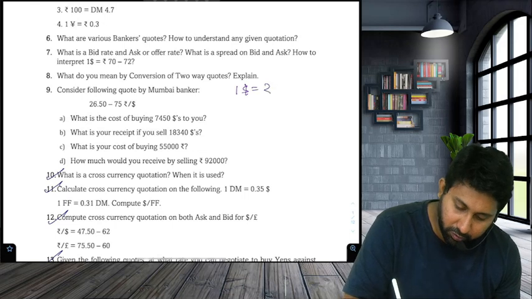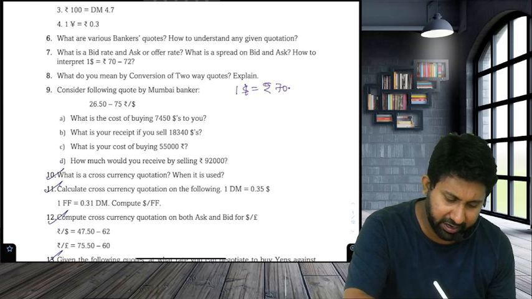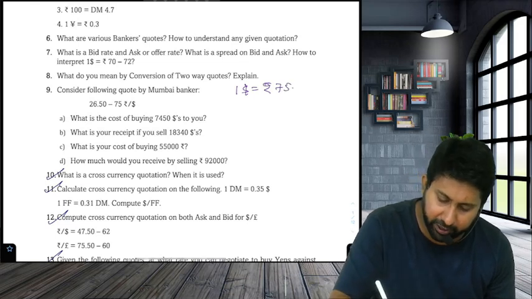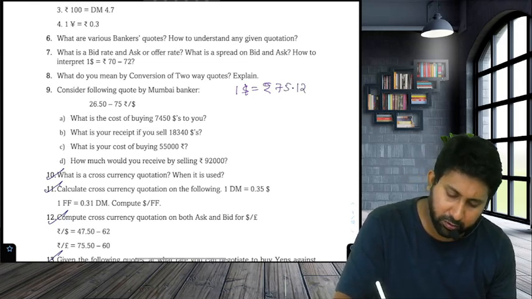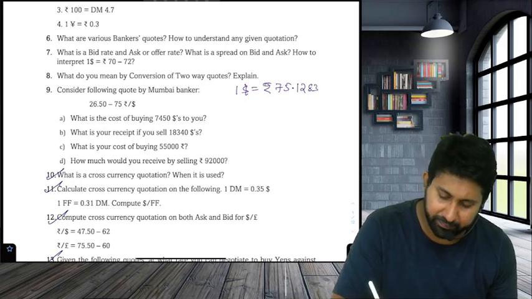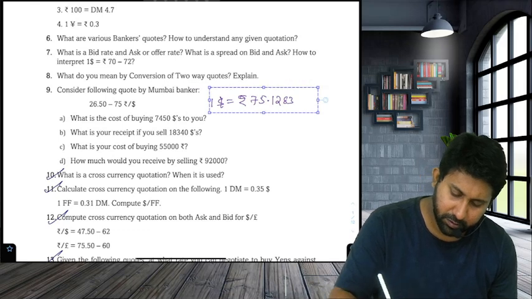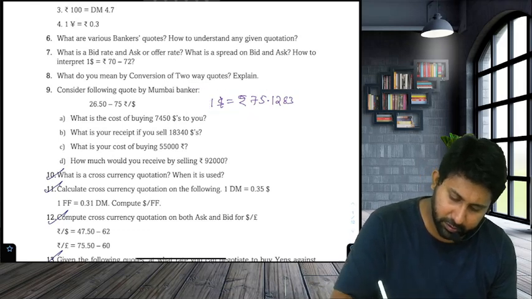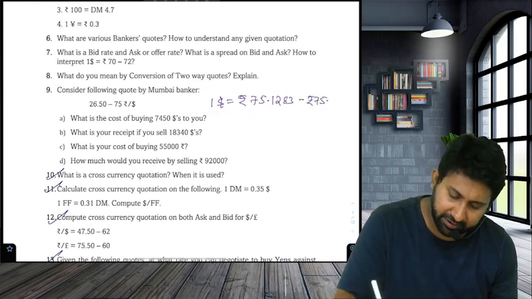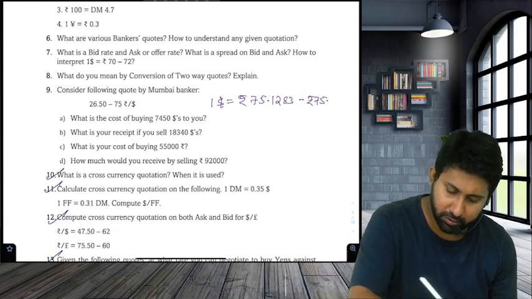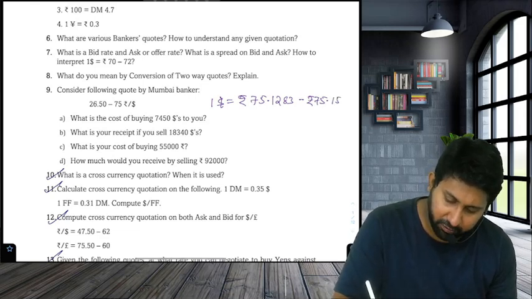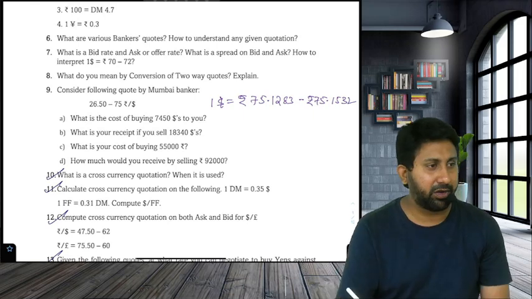$1 equal to rupees 70 point some number I will write, 75.1283 some number, dash rupees 75.1532, some number you take randomly.